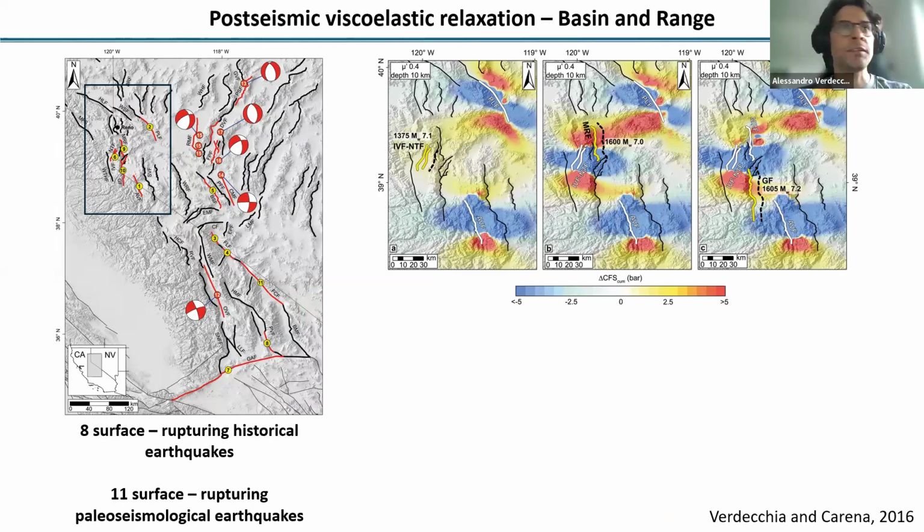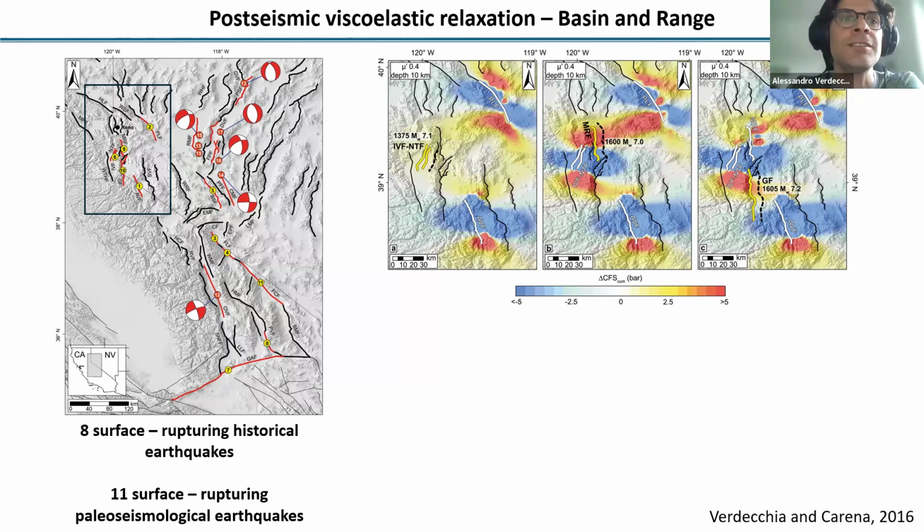So another work that I did during my PhD is to focus on the Basin and Range, considering historical earthquakes, but also paleoseismological earthquakes.